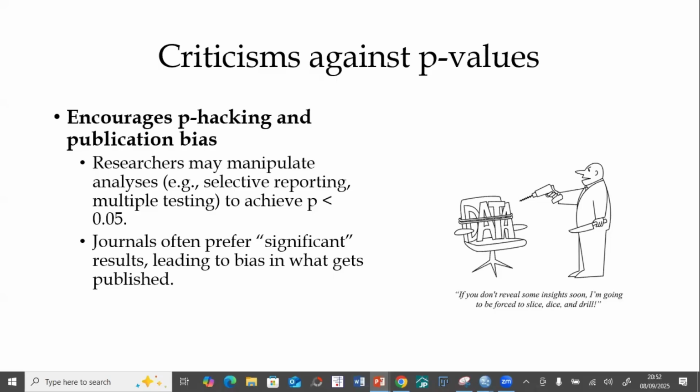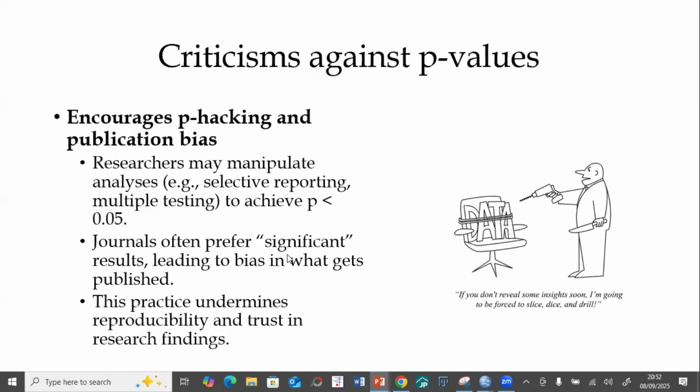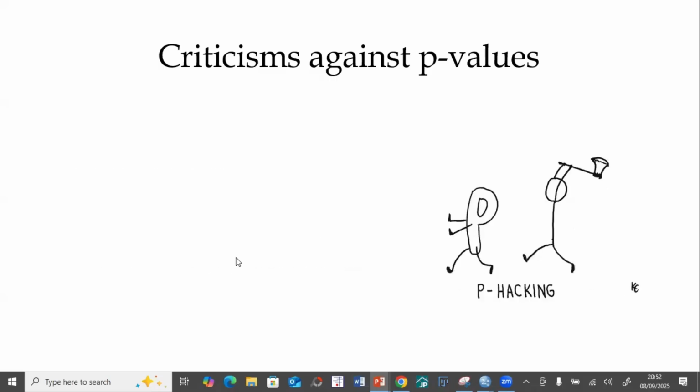What that means is that we then end up with a situation referred to as publication bias. So the results that are more likely to get into literature are those that are considered significant. However, those that were not significant but could have been useful elsewhere don't really get to literature. So therefore, we undermine reproducibility of research, and also trust in research findings.